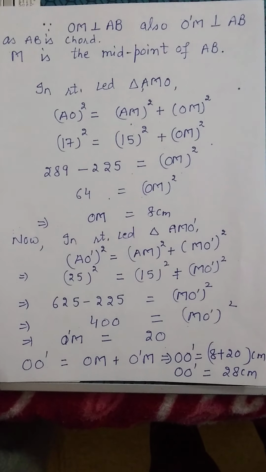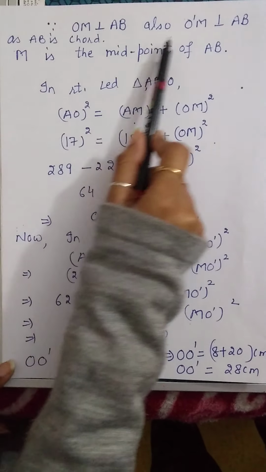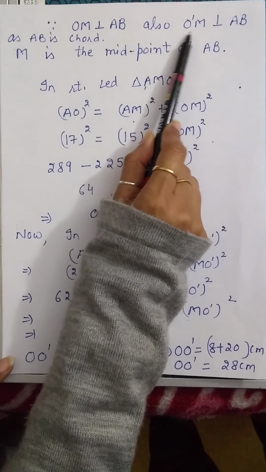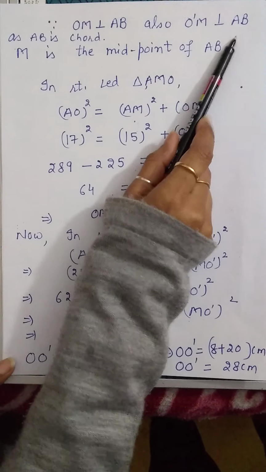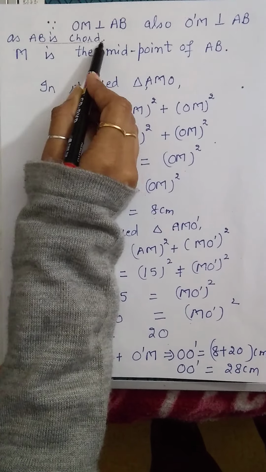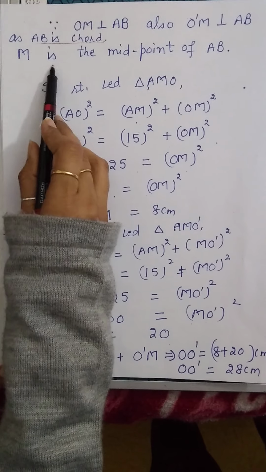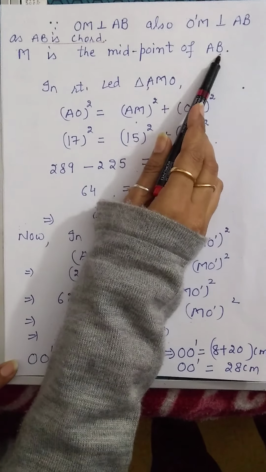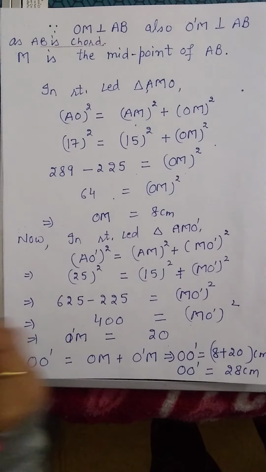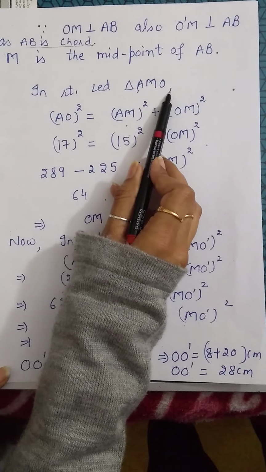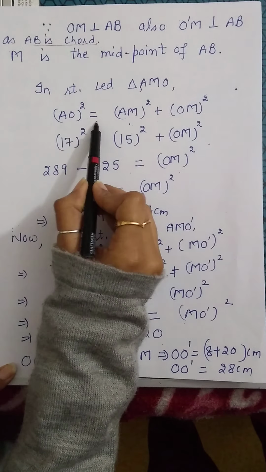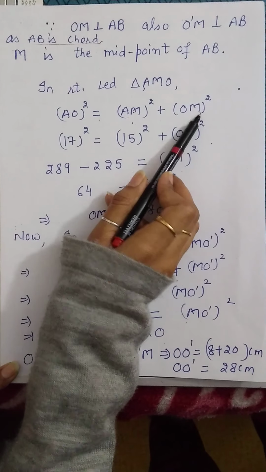So let's solve it. Because OM is perpendicular to AB, also we can say O dash M is perpendicular to AB. As AB is a chord, using the property we know that M will become the midpoint of AB. Now in the right angle triangle AMO, AO square is equal to AM square plus OM square.